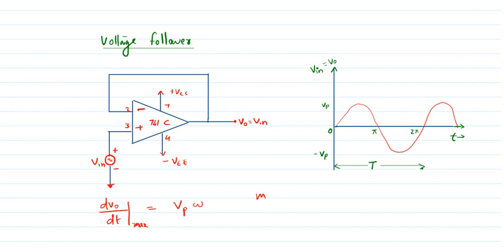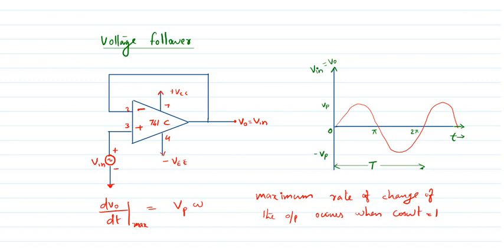So the maximum rate of change of output occurs when cos omega t equals 1.